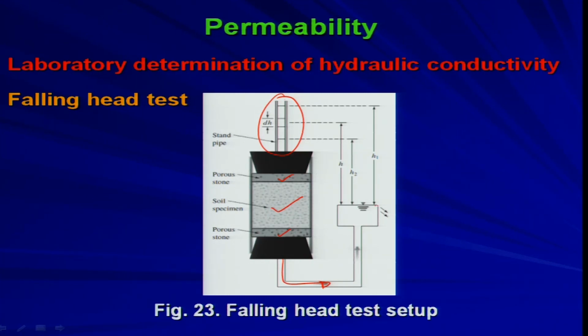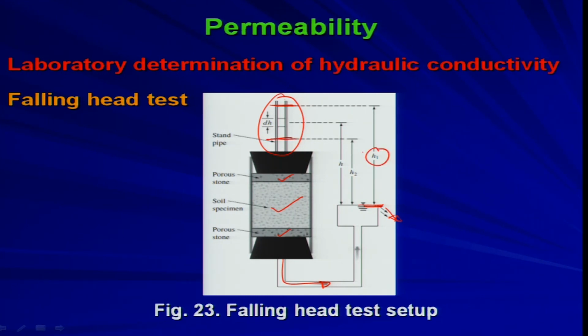The constant head will be maintained at the tank, otherwise if it is overflowing, the water will go out. So this is the water level at the exit level. Before starting the test, this was your water level, and you are allowing the water level to fall down up to this level.